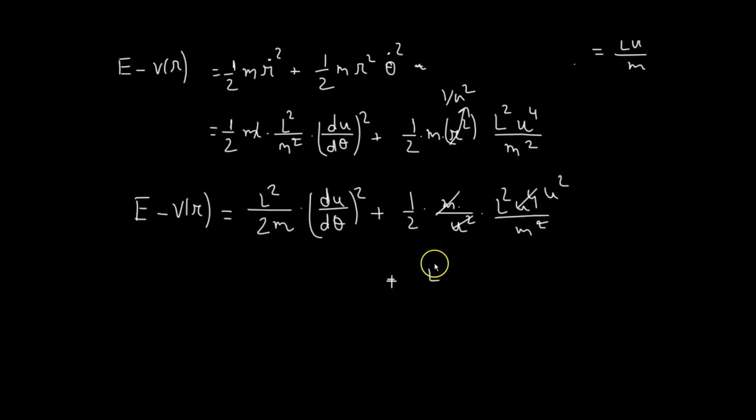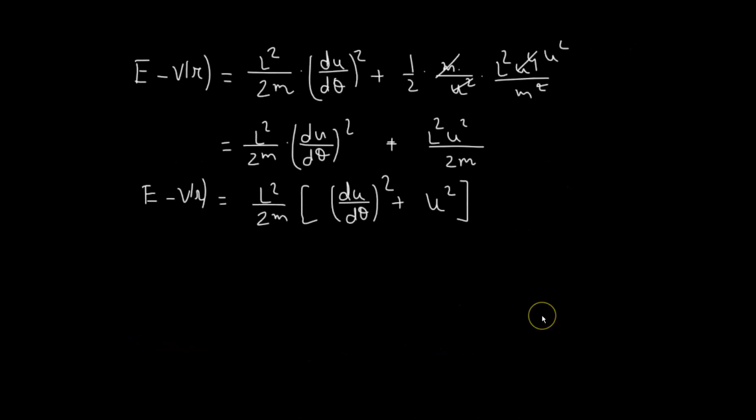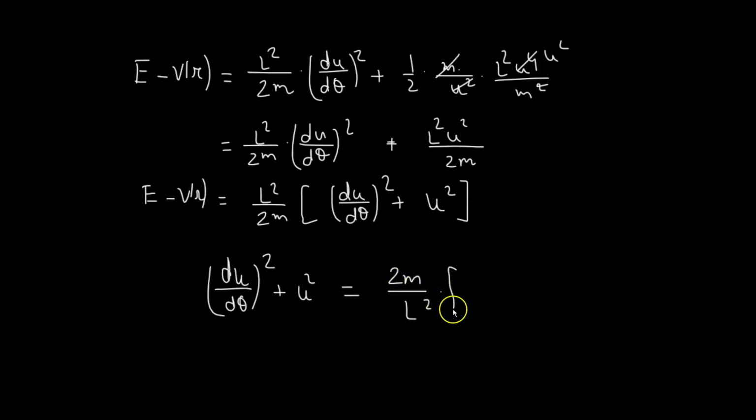So the m from the numerator and the denominator cancels, and we get L²u²/2m. We have L²/2m times (du/dθ)² plus u². This is E − V(r). Rearranging the terms, that gives us (du/dθ)² + u² = (2m/L²)(E − V(r)).